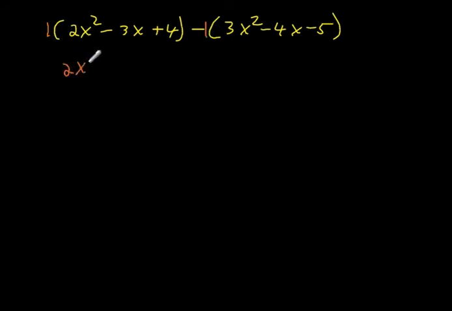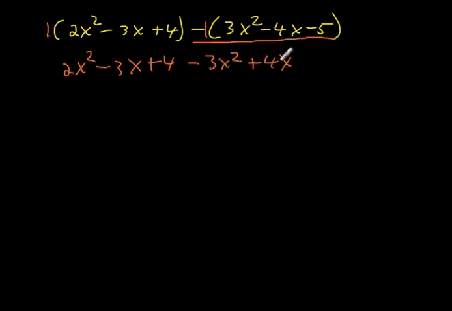When I do that, I get 2x squared minus 3x plus 4. The positive 1 doesn't change. But now I'm distributing a negative 1. So I get negative 3x squared, a positive 4x, because negative times negative is a positive, and negative 1 times negative 5 is positive 5.